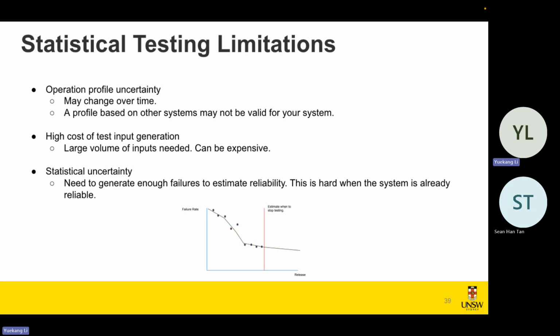And we can use statistical testing to get the acceptance level by making sure that we can lower the failure rates and have high enough availability. So that's when we can stop testing. Okay, so that's all for today's lecture, and thank you for coming. Thank you.